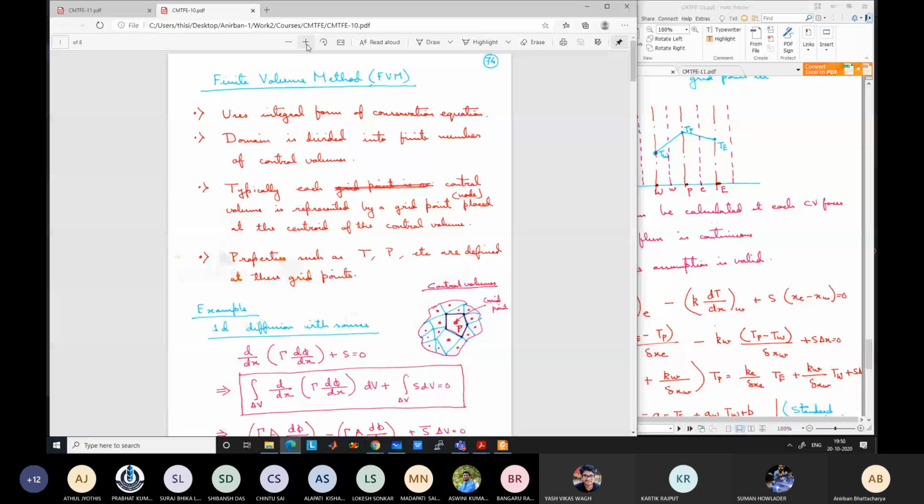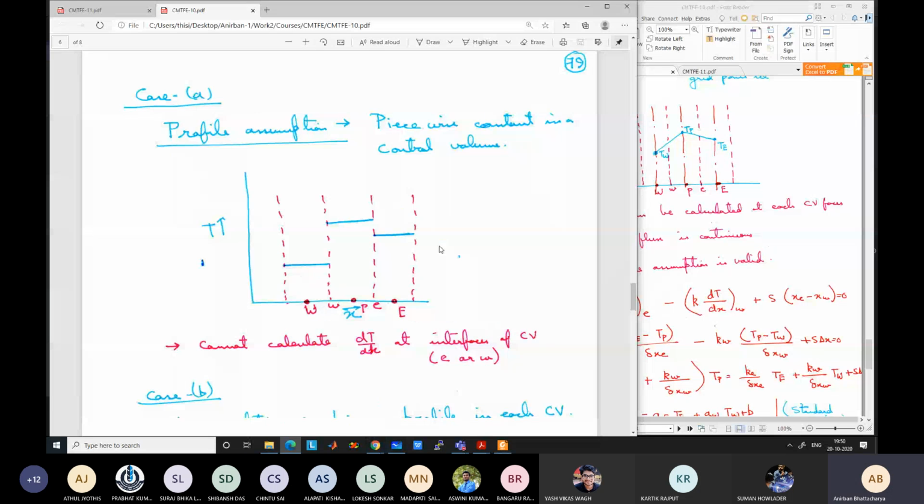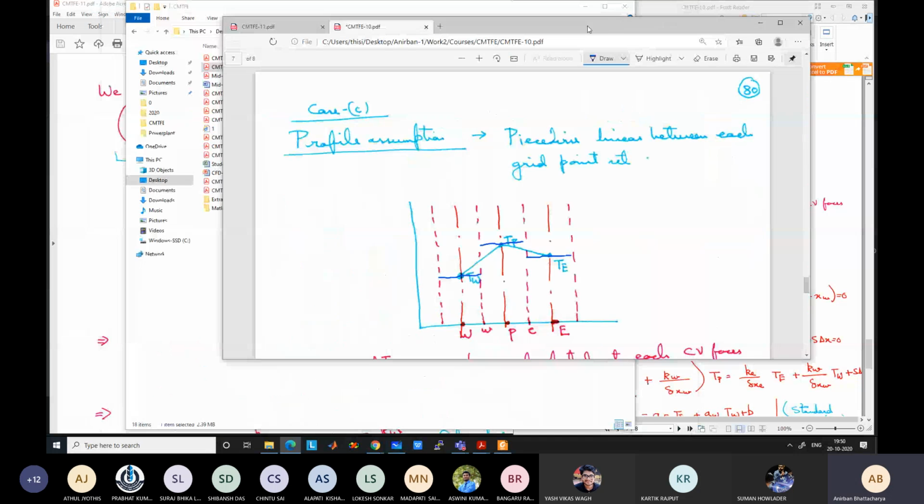So we have two different profile assumptions. That is what I am trying to show here. These deep blue lines are the profile assumptions for calculating the source. Okay.